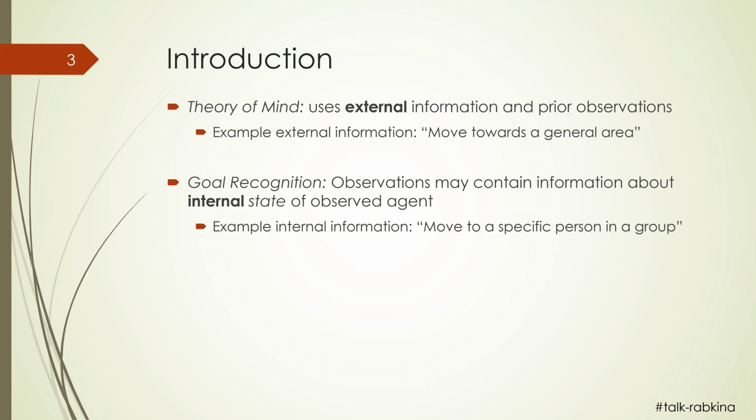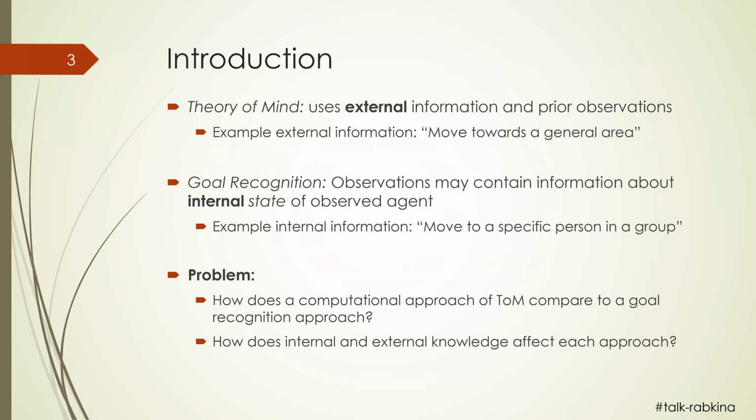Goal recognition uses observations that sometimes contain information about what we are calling internal states of an observed agent. So I'm going to the kitchen in order to talk to a specific person, right? There's a target of the action that's often included in the observation.